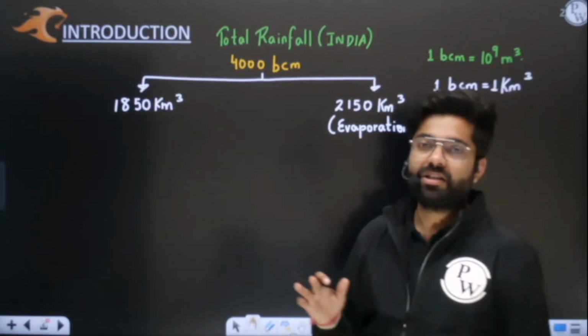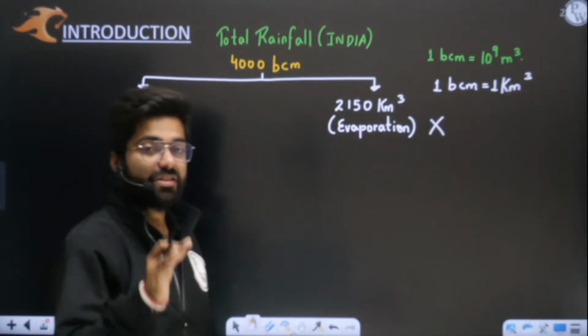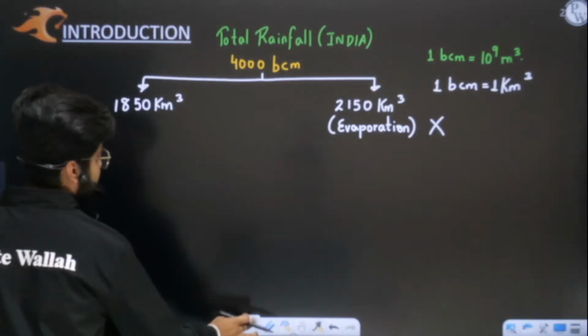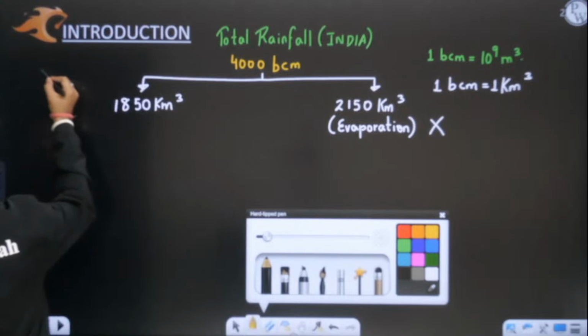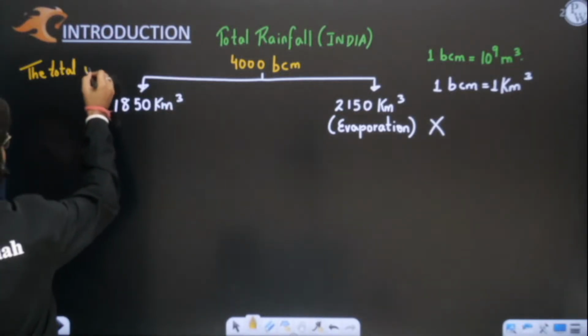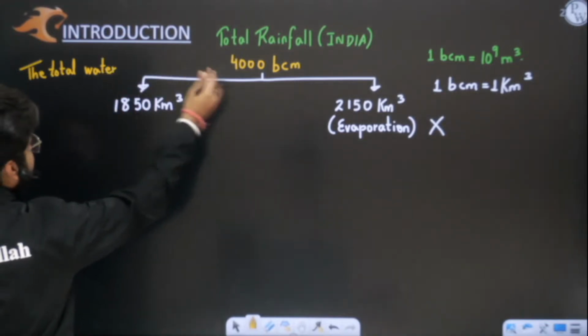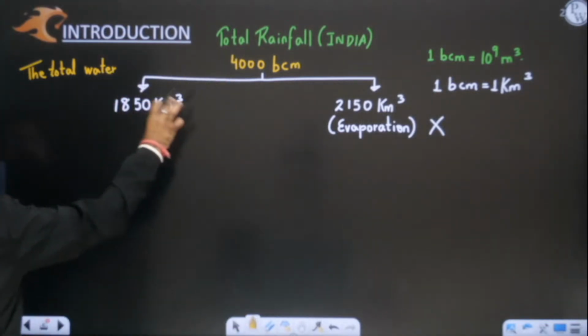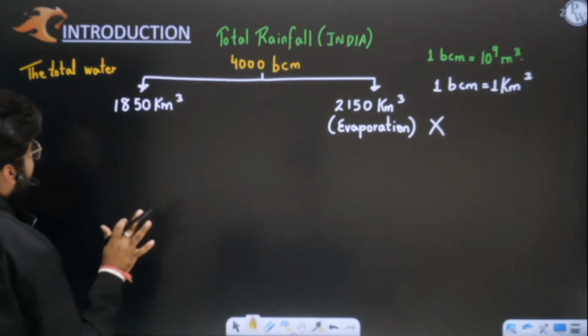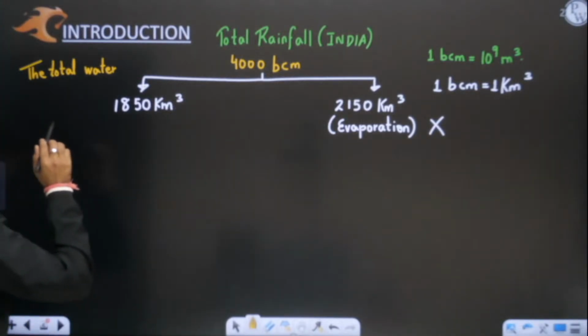One question has been asked, the total water resources in India is how much? You will say, see, rainfall is 4,000, but only 1850 kilometer cube is remaining. So that is the total water resource in your India.